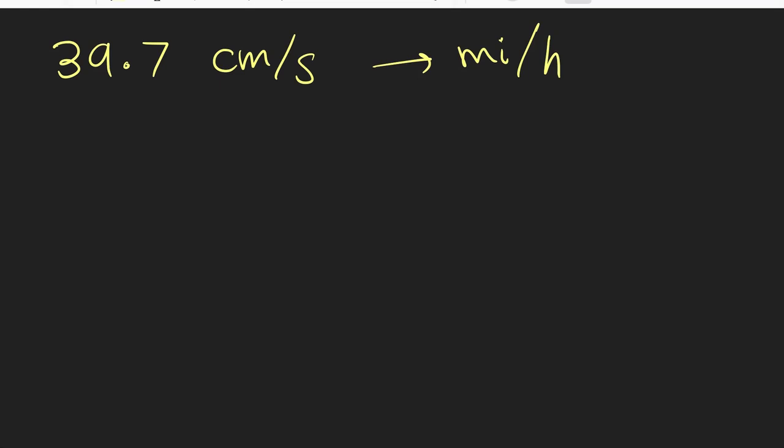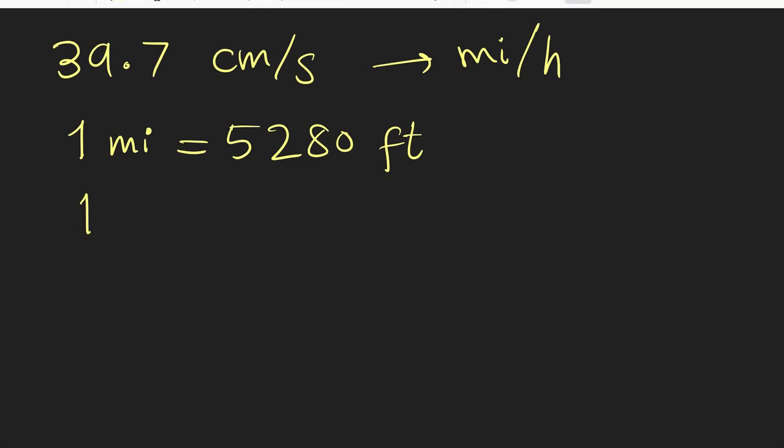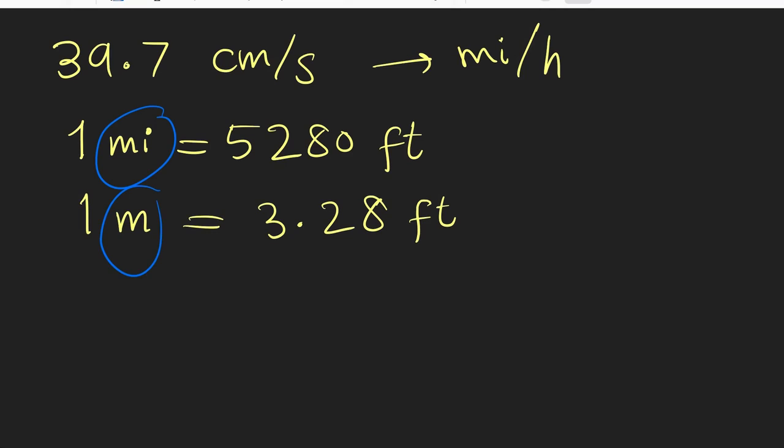We also know that 1 mile is 5,280 feet, and 1 meter is 3.28 feet. We should be careful, these two are not equal. One is meter, the other one is mile.